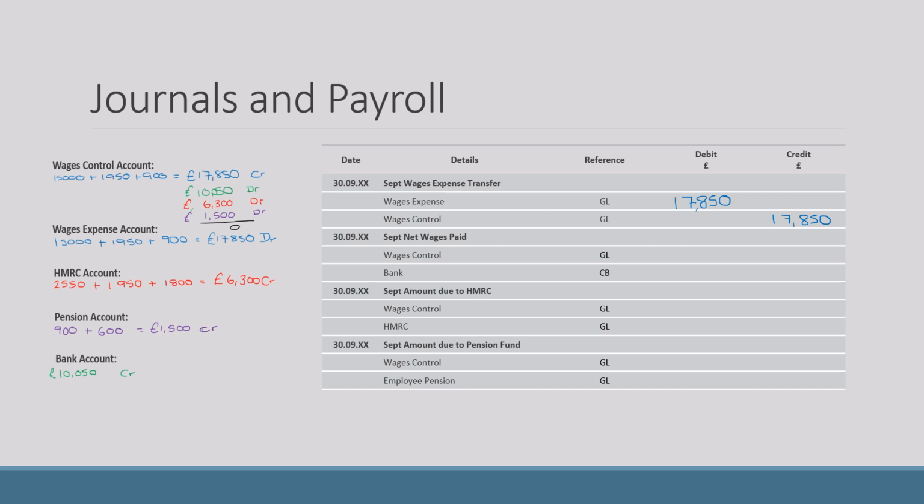Our bank account, or our net payment, is going to affect our bank account. So we're going to credit the bank account because that's where the money is coming out of for our net payment, and we're going to debit our wages control account.